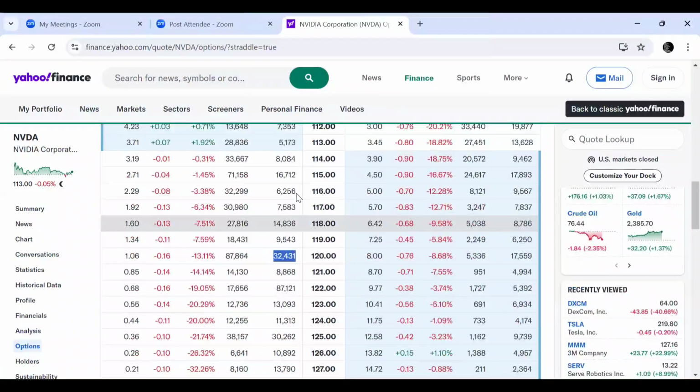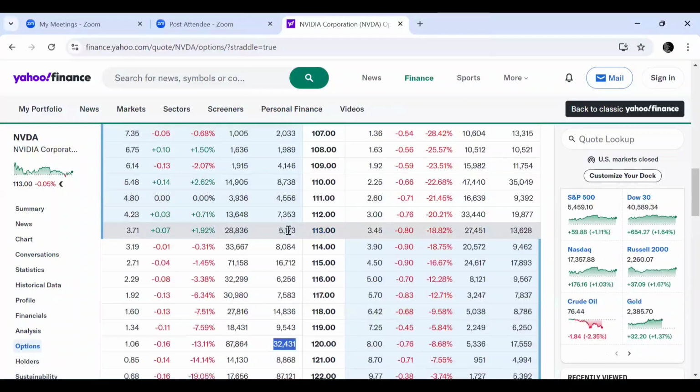For example, here at $113, you are seeing 5,173 contracts, which is 5,173 lots. In each lot there are 100 shares, so 5,173 lots into 100.